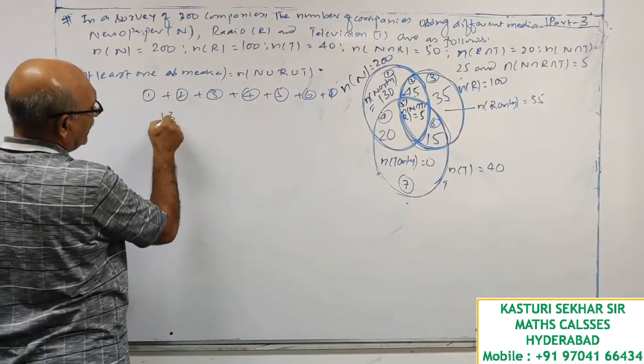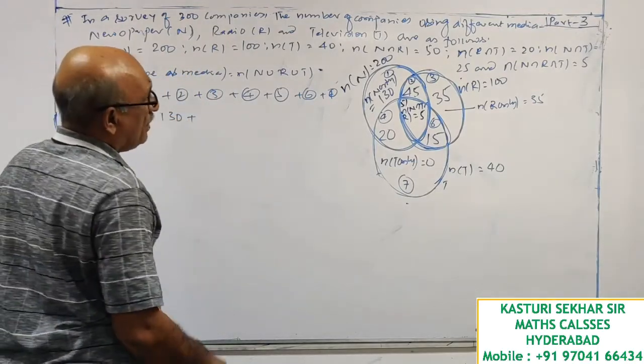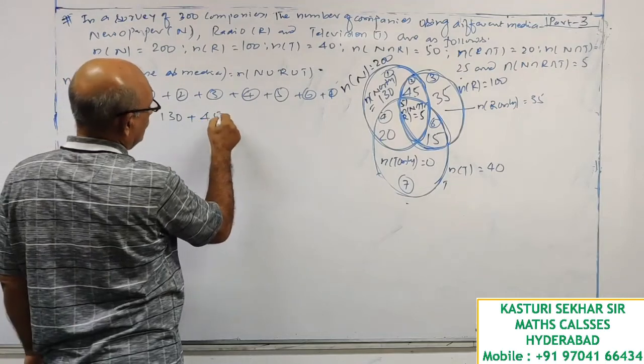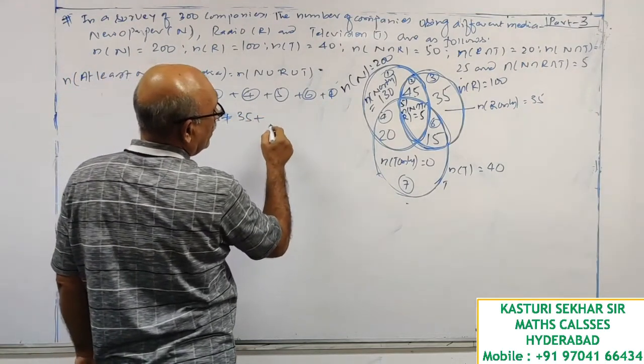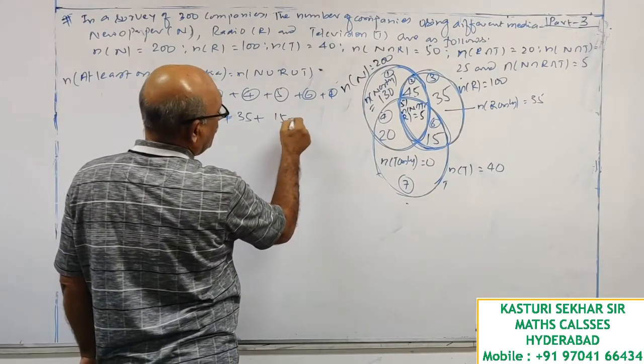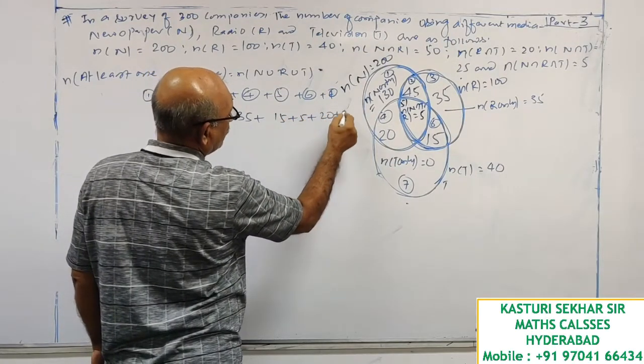So this is 130 plus 45 plus 35 plus 15 plus 5 plus 20 plus 0.